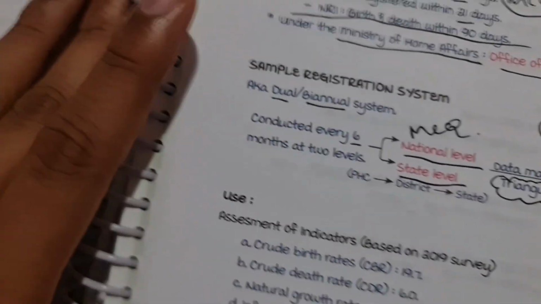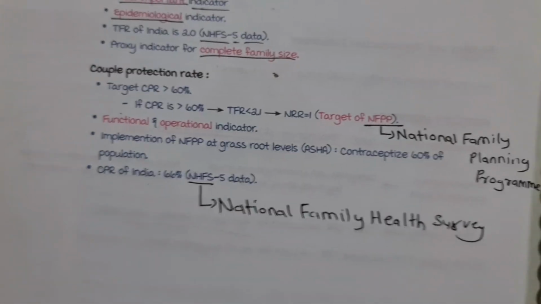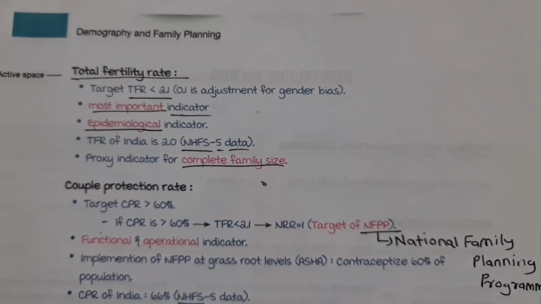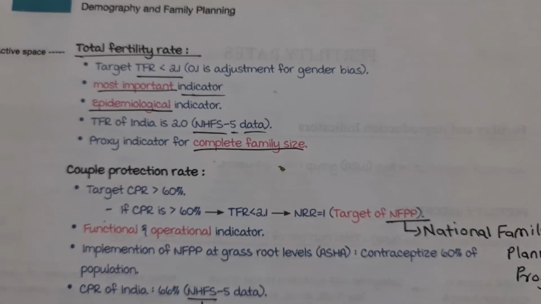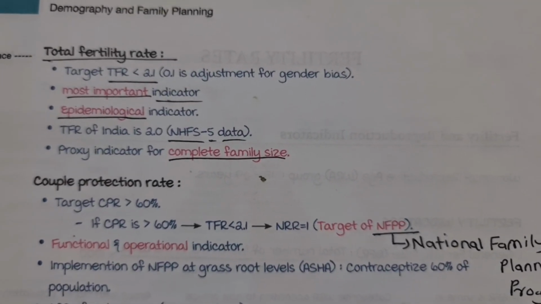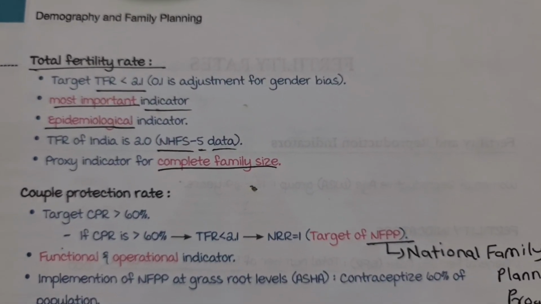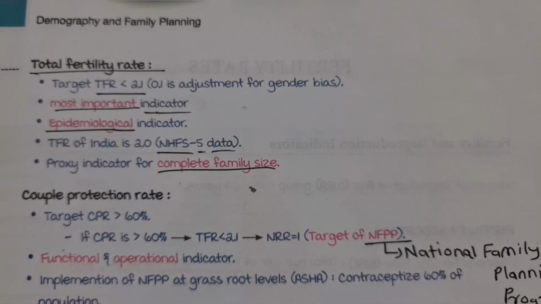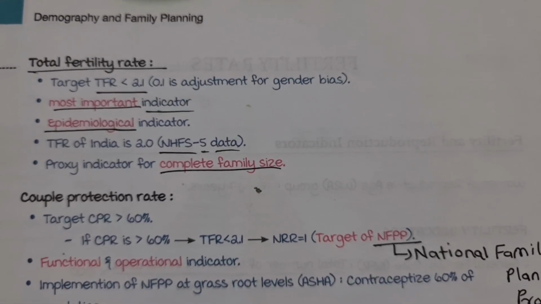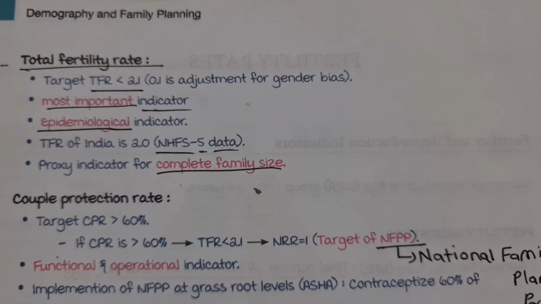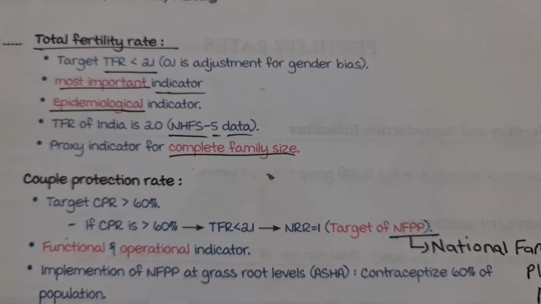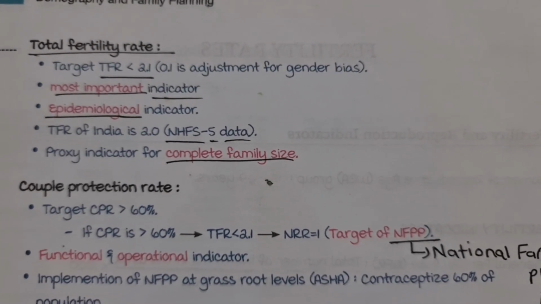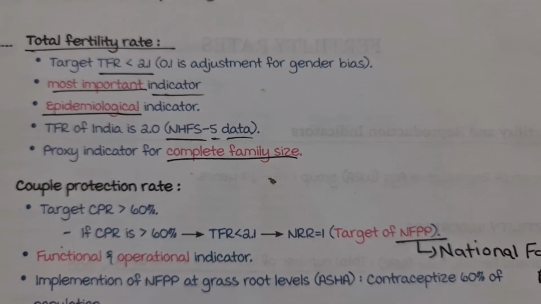Coming to the next page, the total fertility rate. The target of the total fertility rate is less than 2.1, and here the 0.1 is the adjustment for gender bias. So in India, the TFR is 2.1 actually.